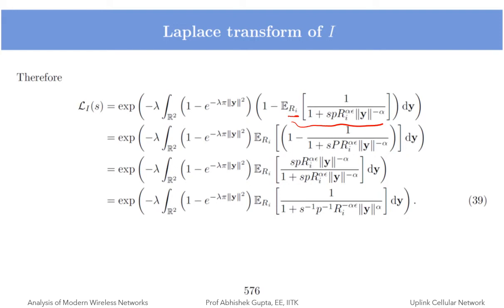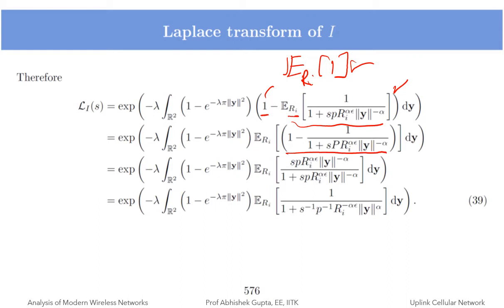So I'll do some further manipulation. Remember, 1 is also the expectation of 1, so I can write this in terms of the expectation of 1 with respect to r_i. Then I can take e_ri common from this term and this term to get 1 minus this.